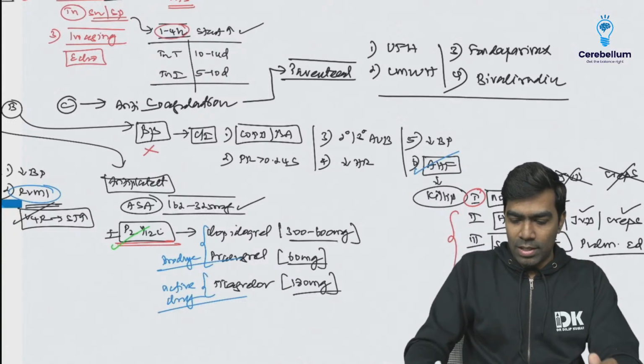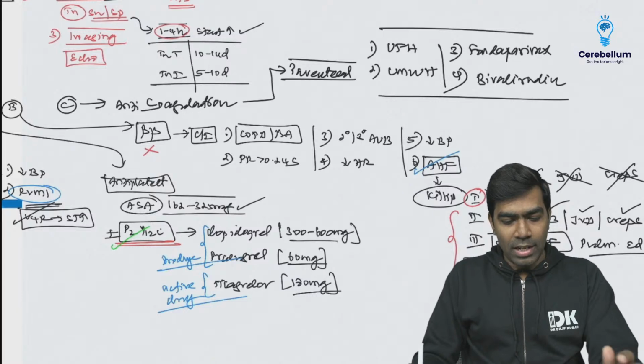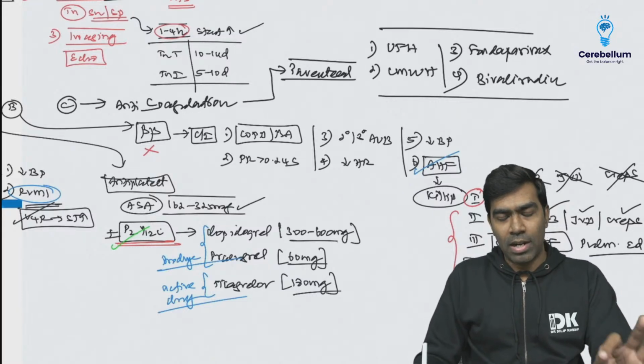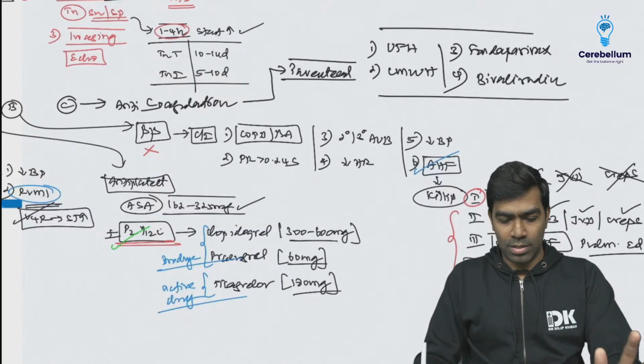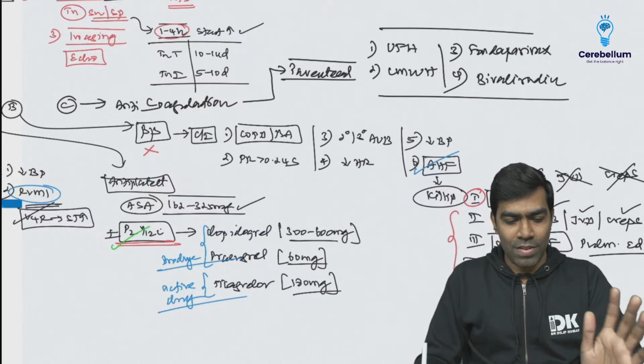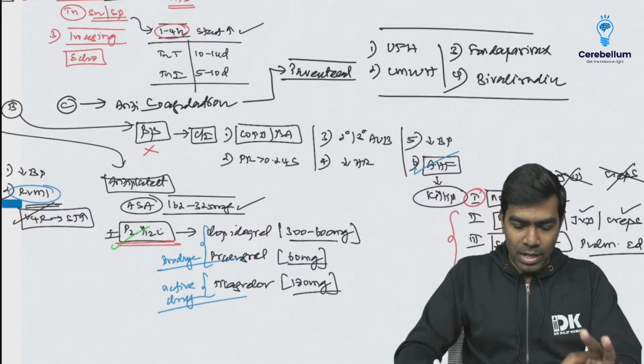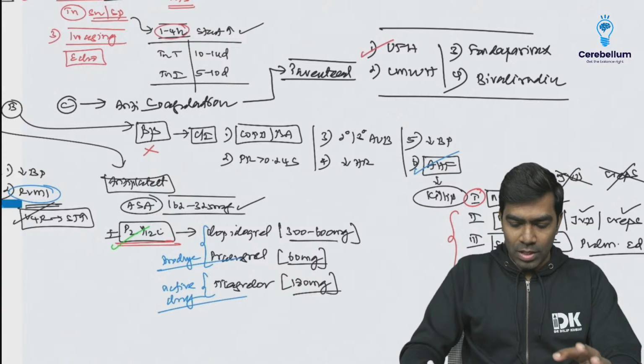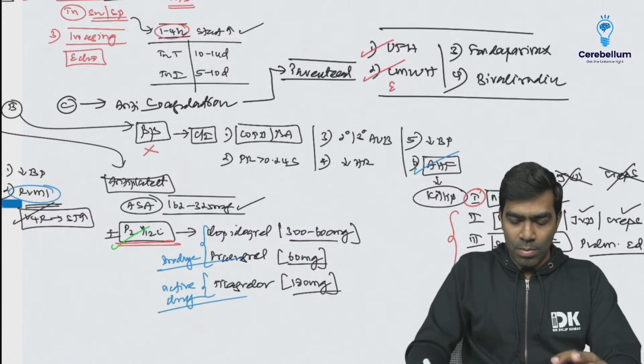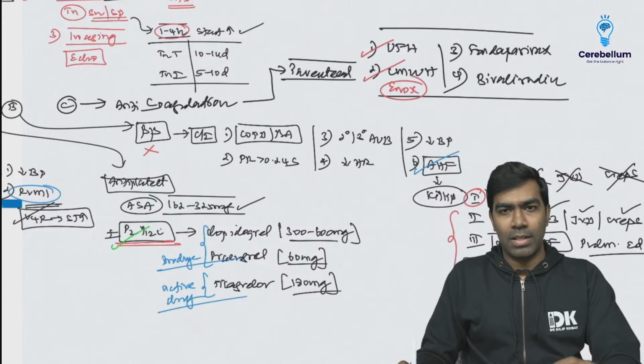Many people are saying rivaroxaban, dabigatran and all. But remember, rivaroxaban and dabigatran are basically oral drugs. You're not going to use oral drugs in the setting of emergencies like ACS. The most commonly used drugs will be unfractionated heparin and low molecular weight heparin. Very commonly we use enoxaparin in practice.